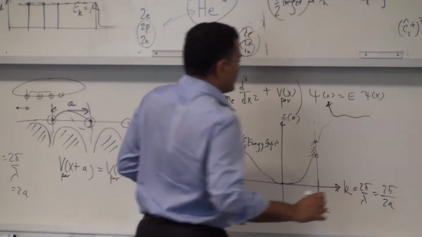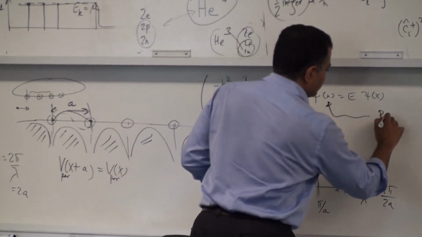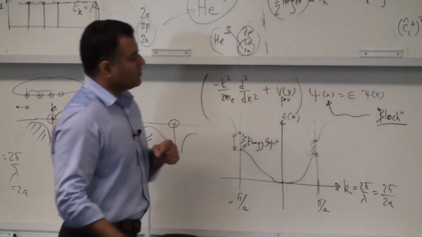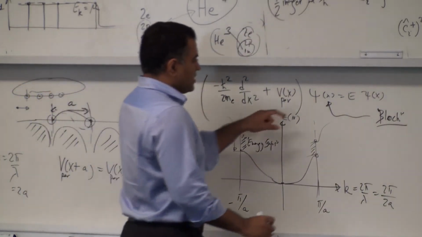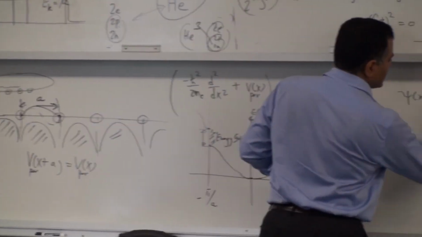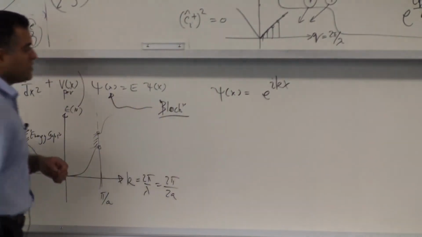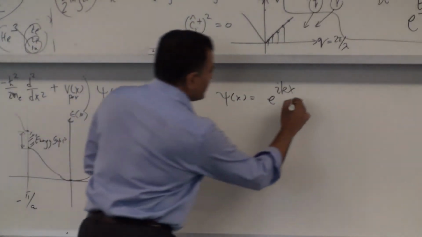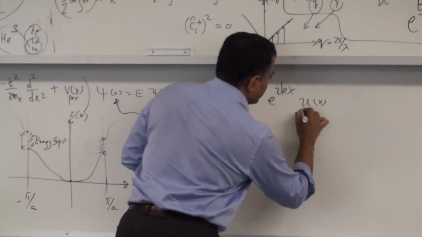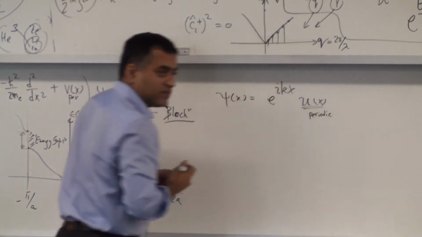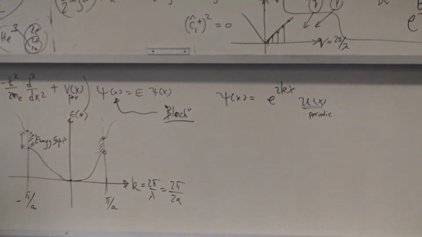This breakthrough came with Bloch, Felix Bloch, who said that to solve the Schrödinger equation in a periodic potential, you can write your wave function as still a free electron wave function, which is e to the i k x, but modulated by another function which is periodic with the lattice constant.